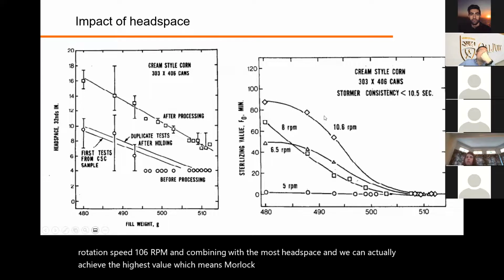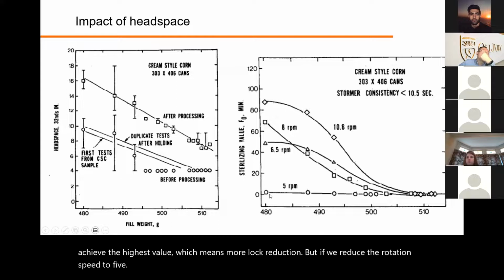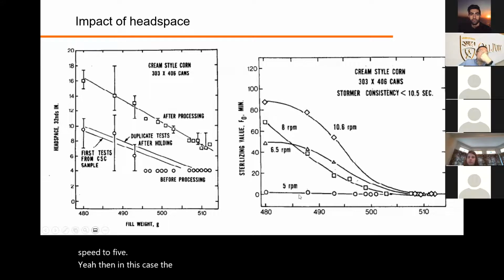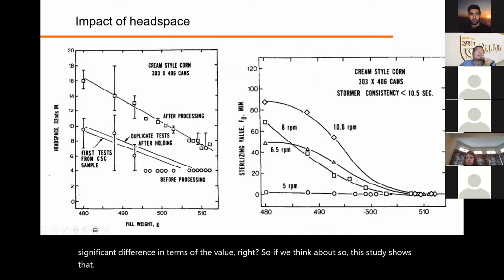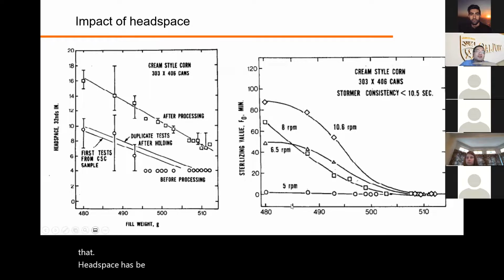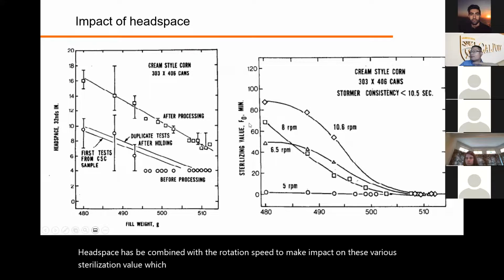But if we reduce the rotation speed to 5 RPM, then in this case, the headspace does not necessarily change the F value significantly, right? So this study shows that headspace has to be combined with the rotation speed to make an impact on the sterilization value, which is the F value, right?